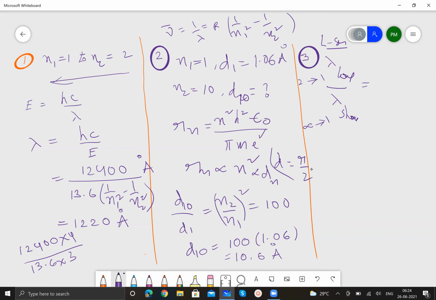For shortest, it is 1 by 1 square minus 1 by infinity, that is 1. For longest, it is 1 minus 1 by 4. So lambda longest to lambda shortest in Lyman series will be 4:3.